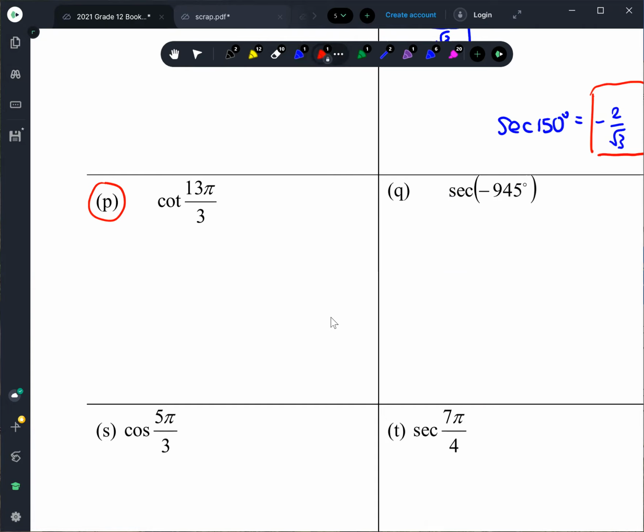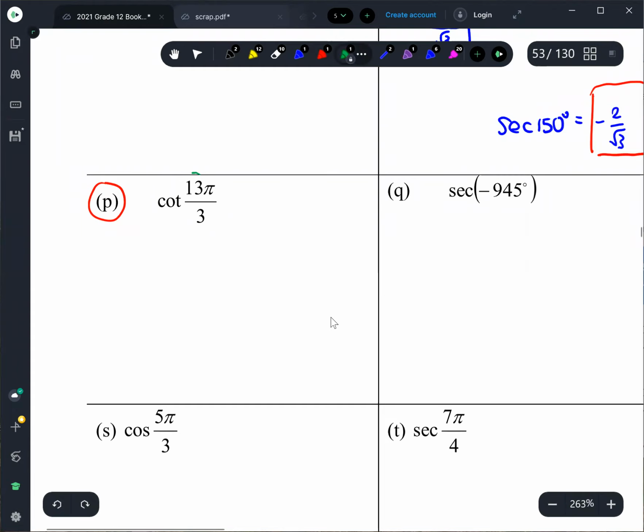When you get an angle like this, I'll repeat again, do not change to degree. Otherwise, you'll be a few steps behind. You've got to think in radian now. So we have 13 pi over 3.